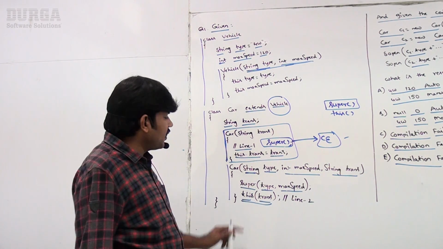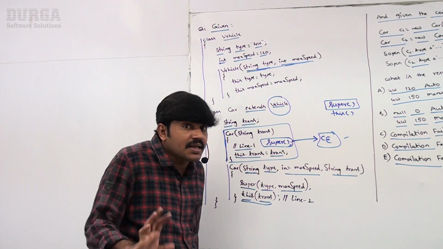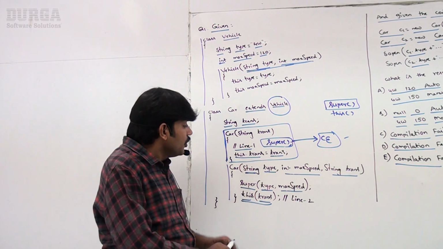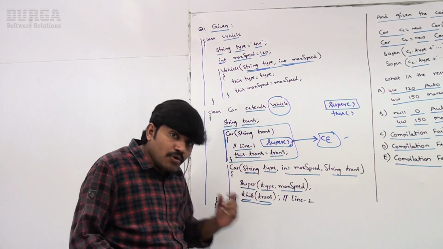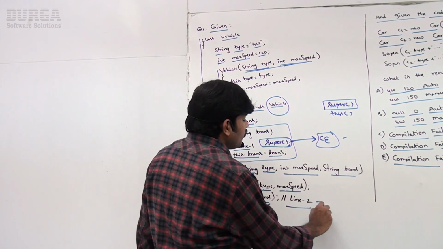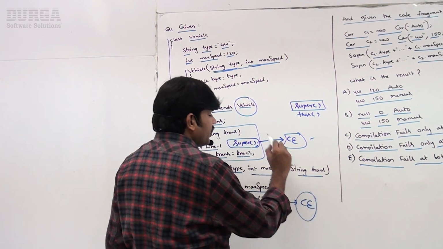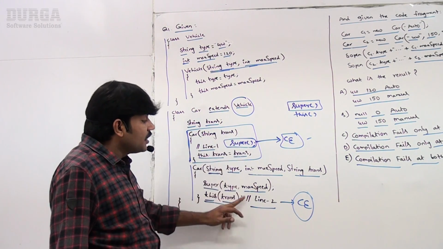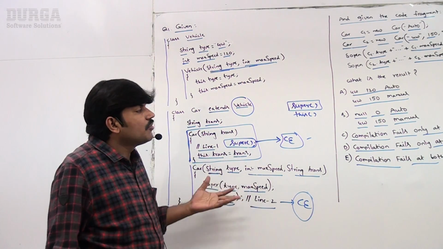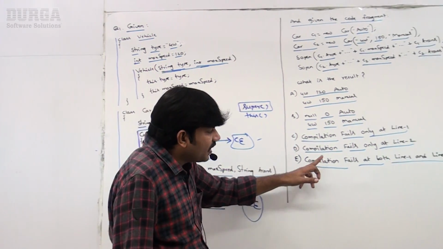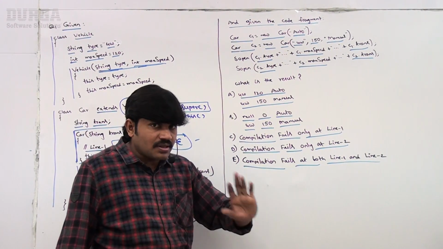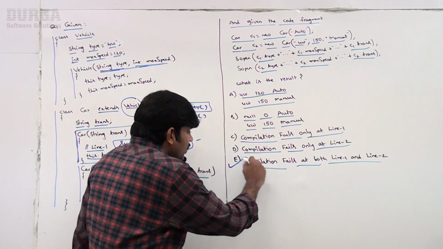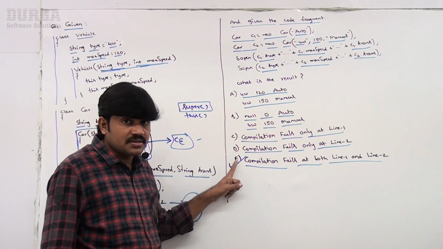If you take both simultaneously, we are immediately going to get an error. So here we are trying to take both simultaneously, and at line number 2 we are going to get a compile time error. The problem is here, and the problem is here also. So which is the correct option? Compilation fails at both line 1 and line 2. This is the correct option.